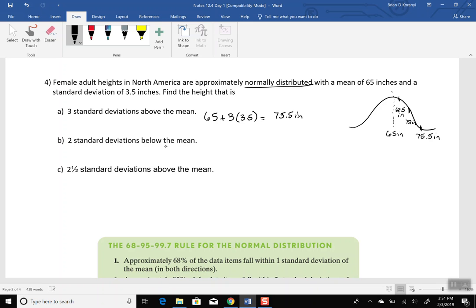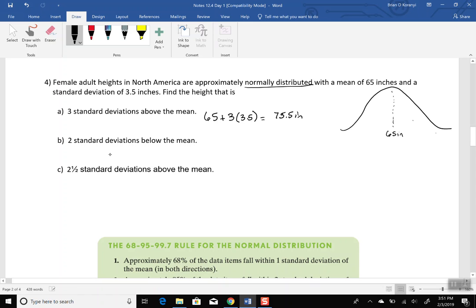Okay, 2 standard deviations below the mean. So this time I'm going below, so to the left, and I'm going 2 deviations below. If I subtract 3.5 inches, that would be 1 deviation below, so that would put me at 61.5 inches.